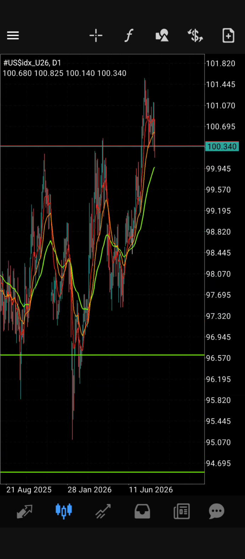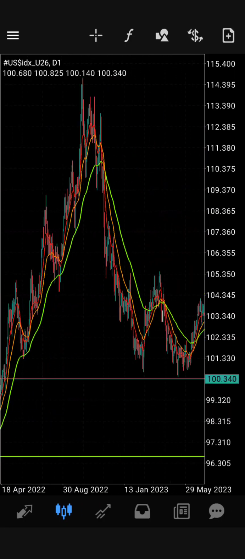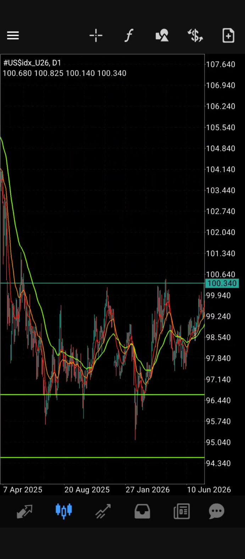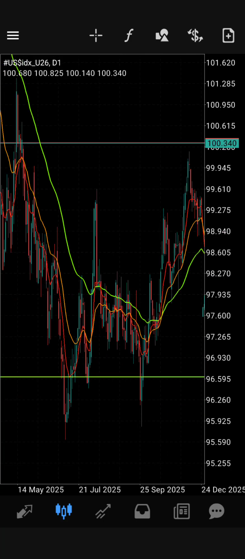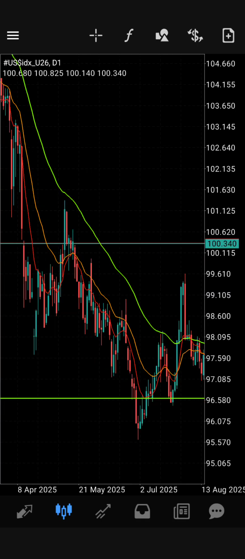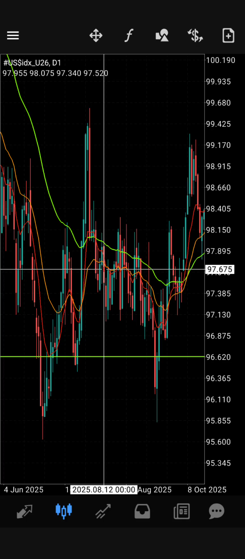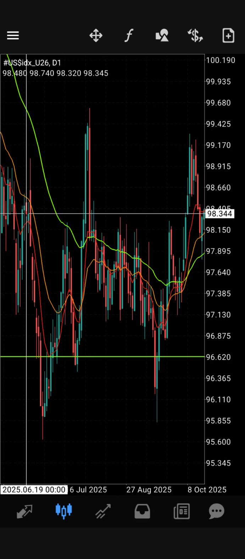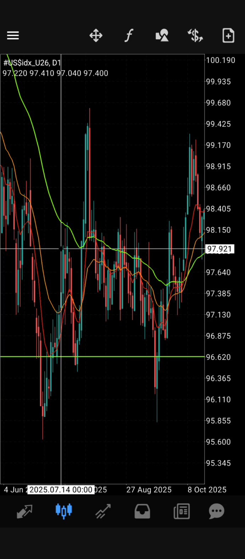So that was the zone and a zone test, right? So as you can see, guys, price went into this green zone right here. Let me show you. Price went into this green zone right here. Lower low.